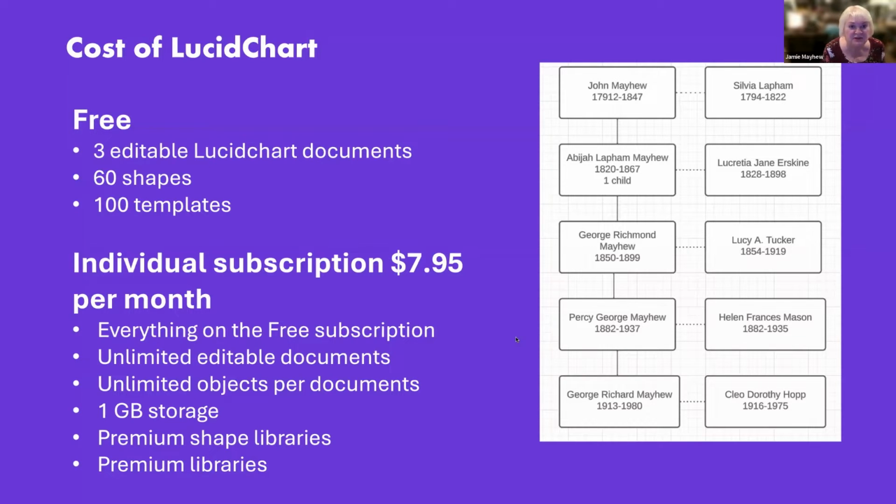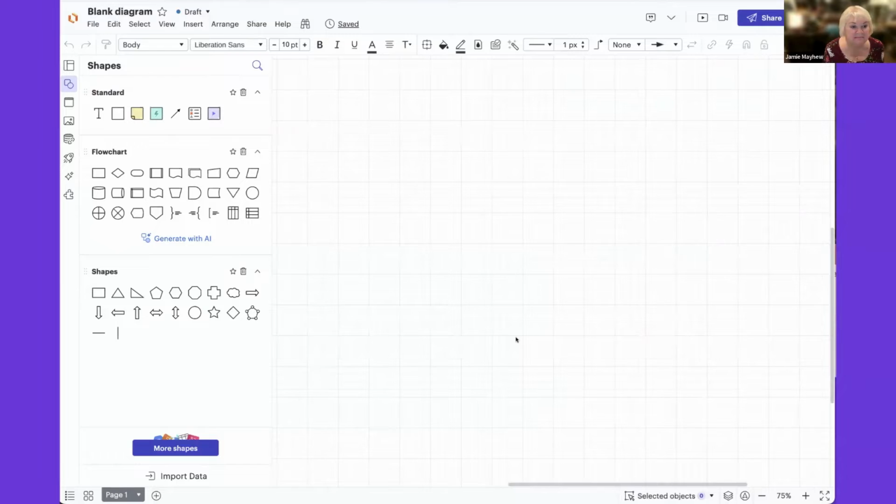LucidChart is used in business a lot to make things like organizational charts, or to show a project and how things are related to each other. It is something, as I said, that genealogists have picked up on because it makes very nice family trees.